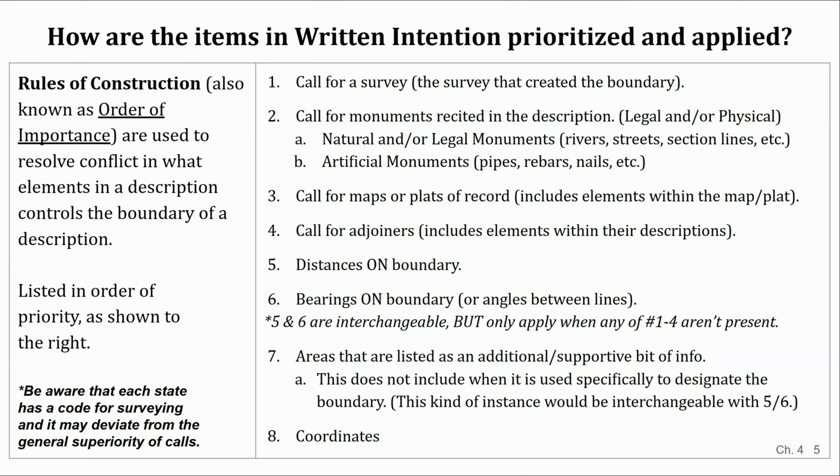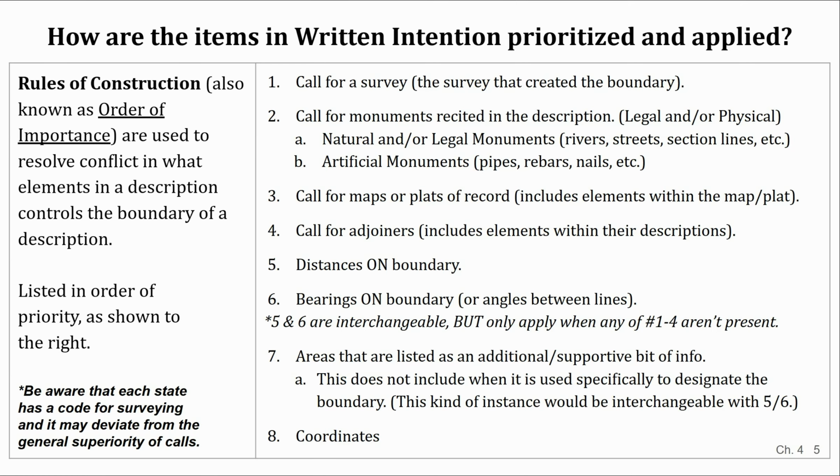A new parcel wasn't created, but just a new description was written from a survey that had been completed. So a call for a survey is first because it means the lines were actually measured and marked on the ground. There's many instances of descriptions being created just on paper without a survey being completed. So a call for a survey is going to have the highest priority.